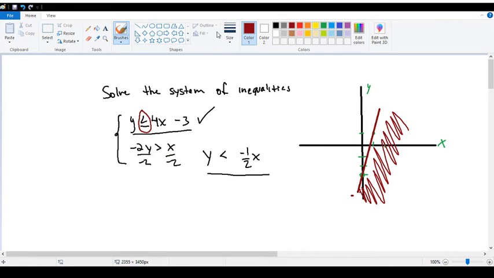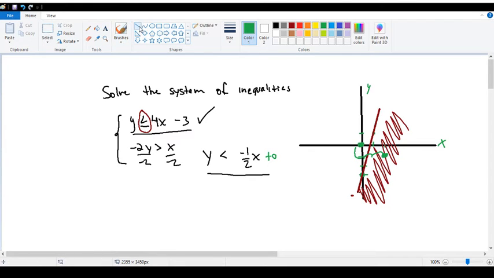Okay? Now let's go to the other inequality, and this one is y is less than -1/2 x plus 0. There's no y-intercept here, but we know that it's 0. So we go to 0, and we know that the slope is -1/2. So down 1 unit over 2.